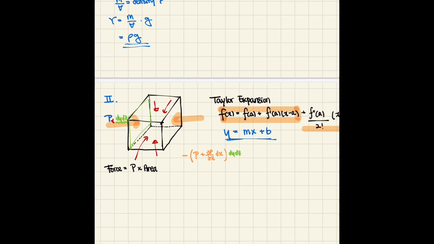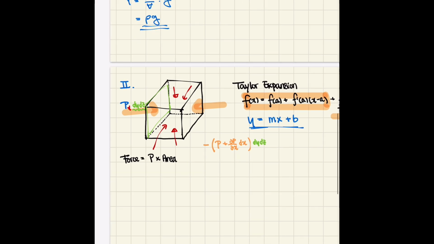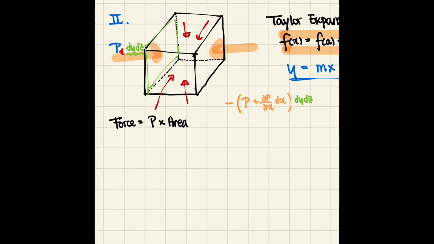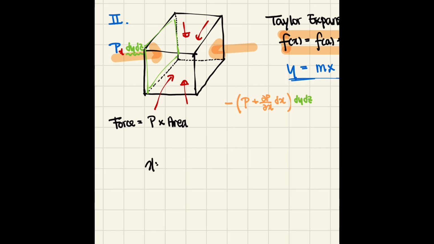So when we just continue this for the next y and the z directions, let's rewrite the x as well. On the x, we have px dy dz minus px plus partial p partial x dx times dy dz.